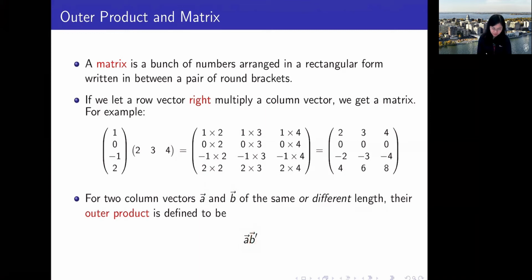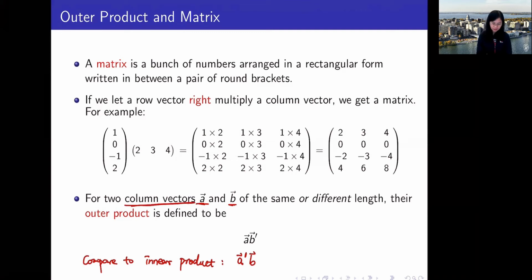Remember their inner product, just compare it to the outer product. Inner product is vector A transpose B. Now, both vectors A and B are column vectors.